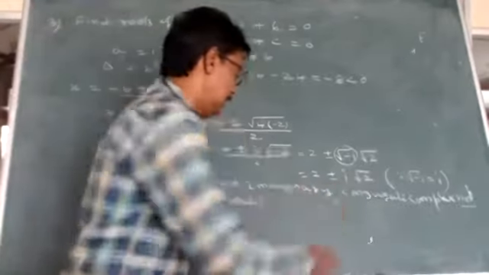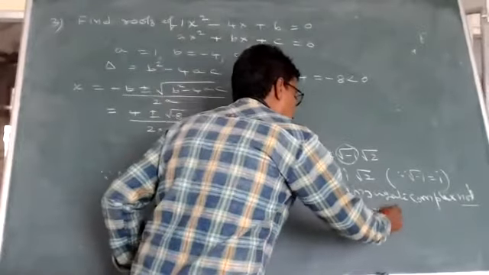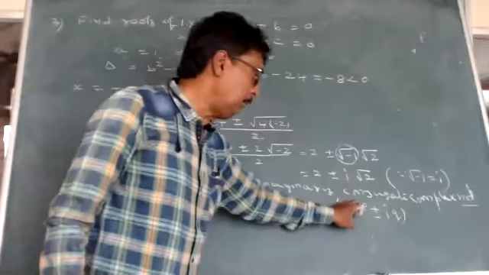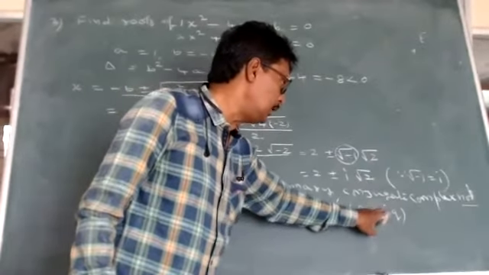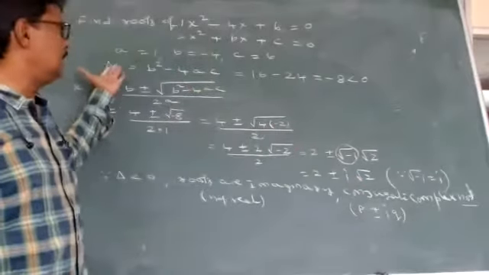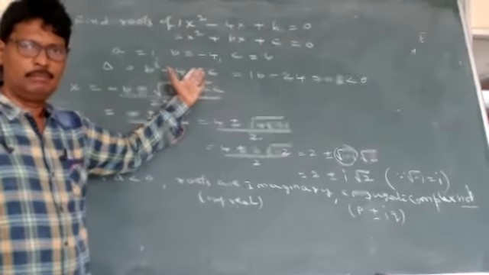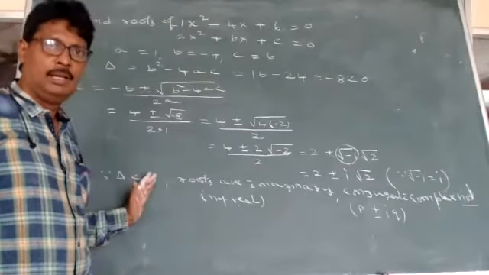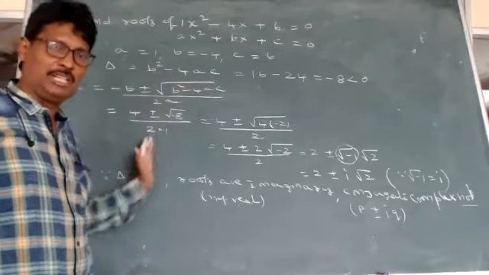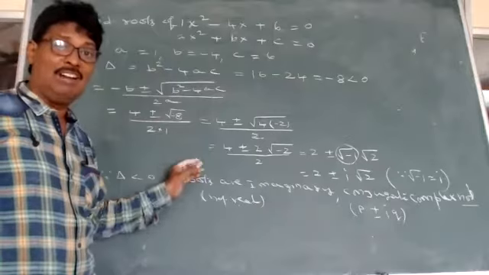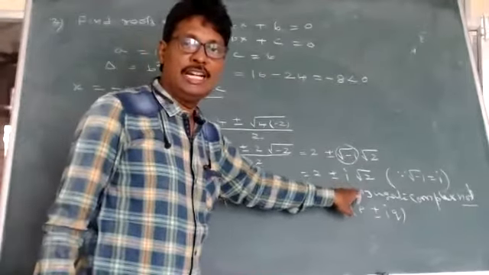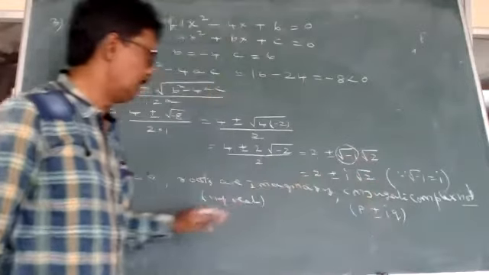That means they are in the form p plus or minus iq. If the roots are in the form p plus or minus iq, you can say the roots are conjugate complex roots. If the discriminant is less than 0, that is b square minus 4ac is less than 0, we can conclude the roots are always imaginary. That means they are called conjugate complex numbers.